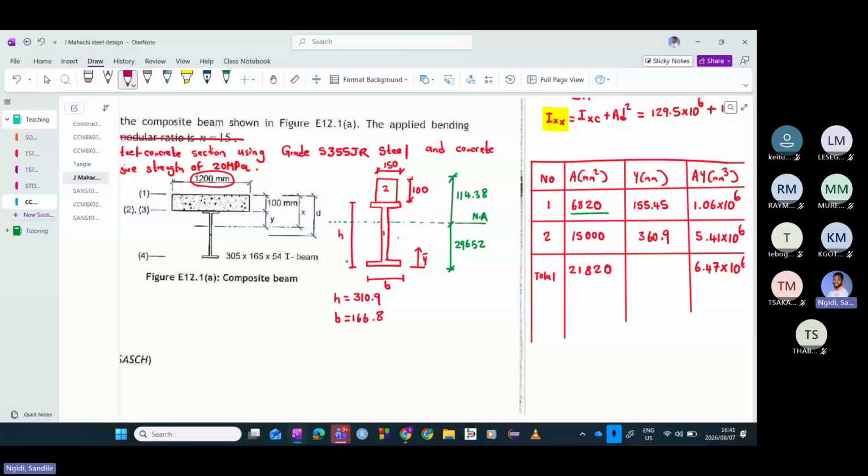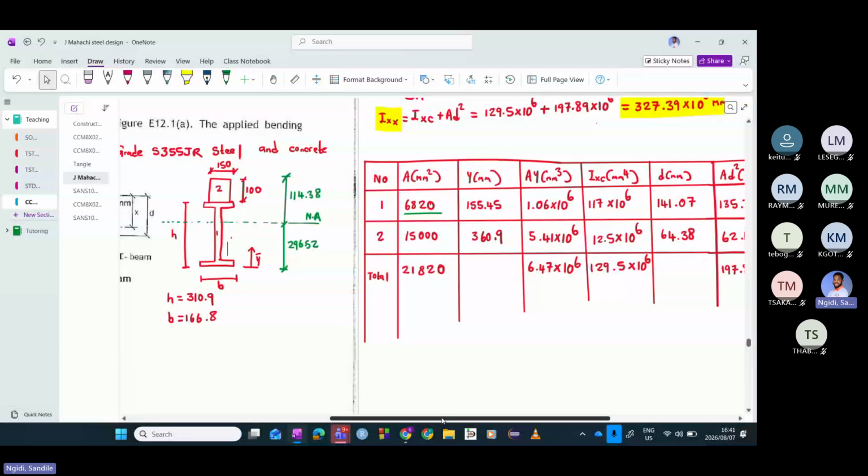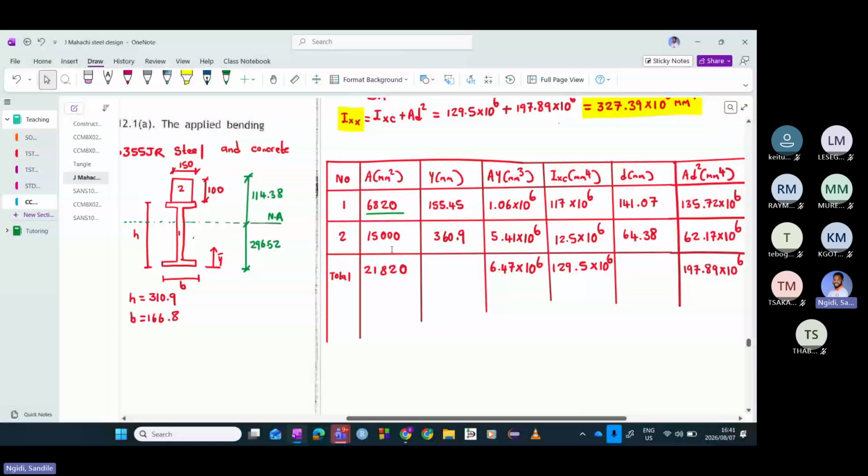What we did actually was to use the table to simplify our analysis. We divided this into two shapes. For each shape, we find the area, and after finding the area, we calculate y bar for each shape. Then we calculated AY.